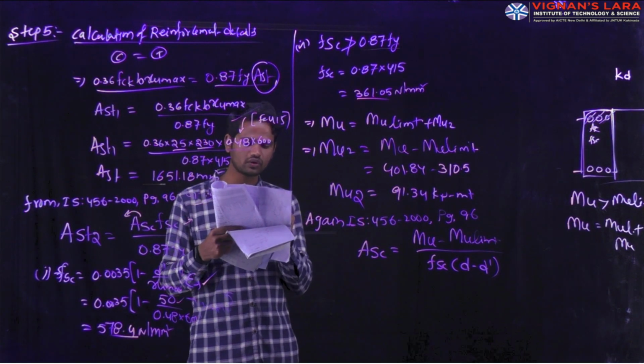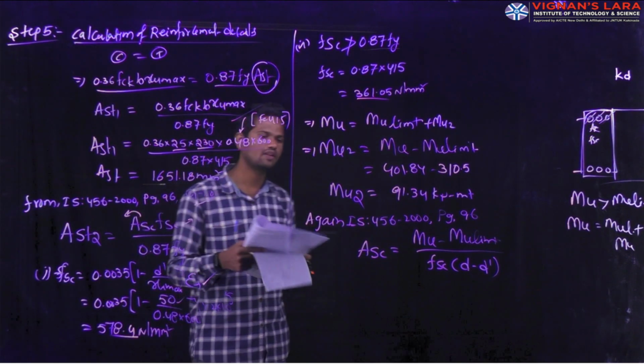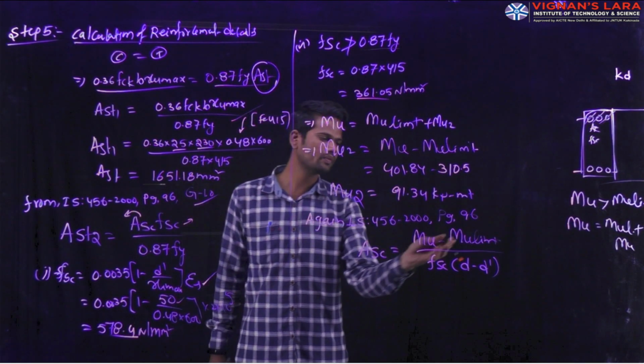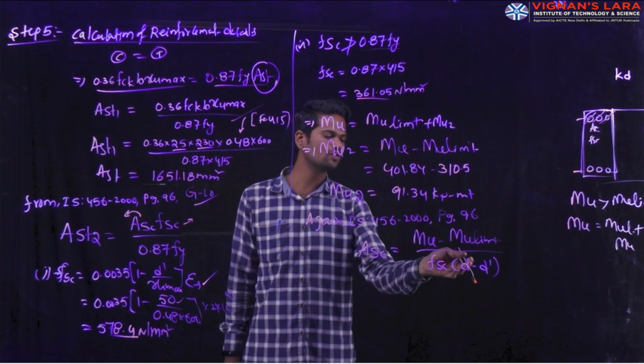From this we have to calculate the ASC value, that ASC equal to Mu minus Mu limit divided by FSC into d minus d dash.